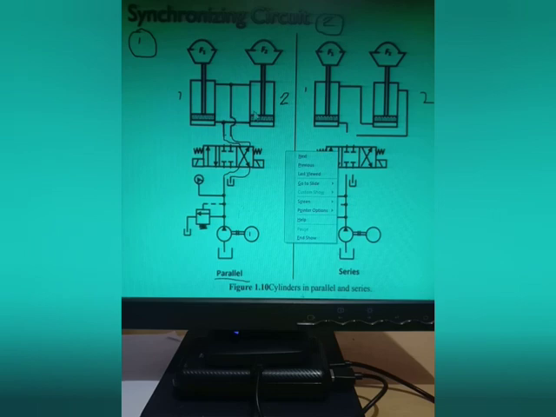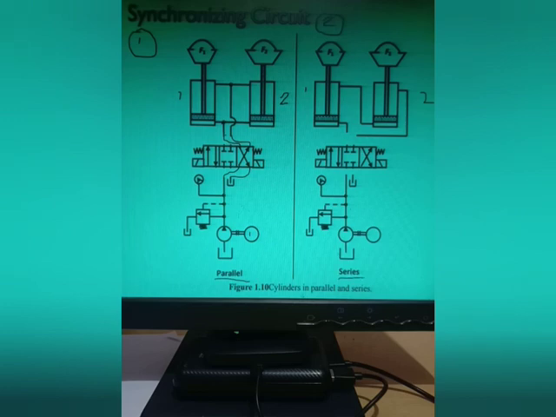Here both the cylinders move at one time forward, and both the cylinders move at one time backward. So the two cylinders or the two actuators are connected in parallel. That is the synchronizing circuit. Now let us see what will happen when the two cylinders are connected in series.